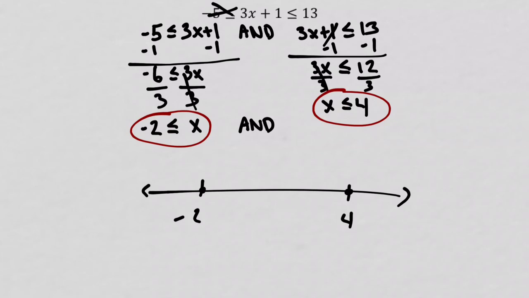And since it makes sense, it's true, it's an and inequality, so it's shaded in between the 2 points. There you go. Any number that I shaded is a possibility here. Like for example, 3. 3, if you think about it, fits that description because it's less than 4. It's also greater than negative 2, right? Or 2 or 1 or 0 or negative 1, any of those numbers would fit the description. Okay, so this is the correct solution here.